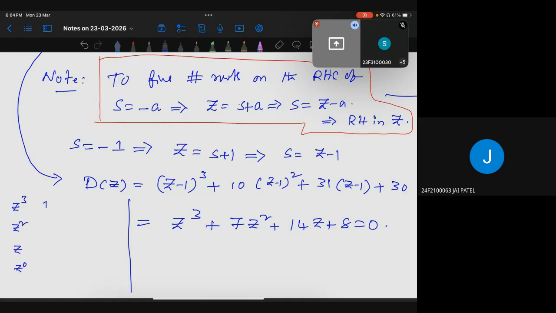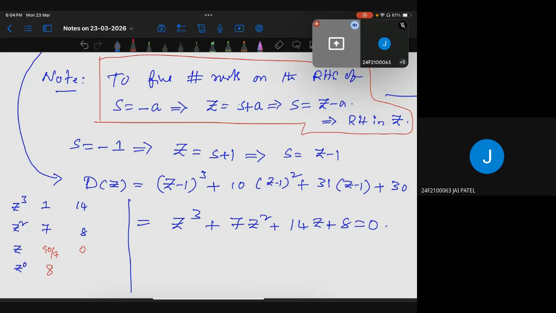The coefficients are 1, 7, 14, 8. What is this number here? 7 multiplied by 14 minus 8, that is 90 by 7. This will be 0, and this will be 8.